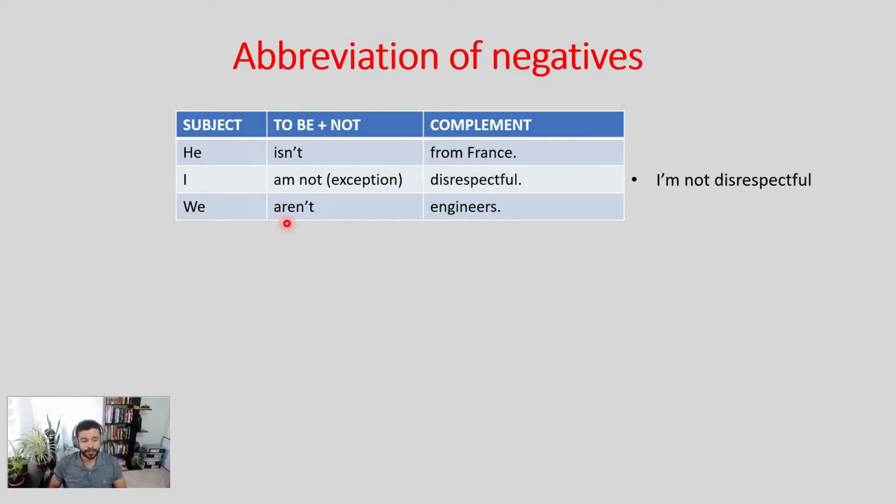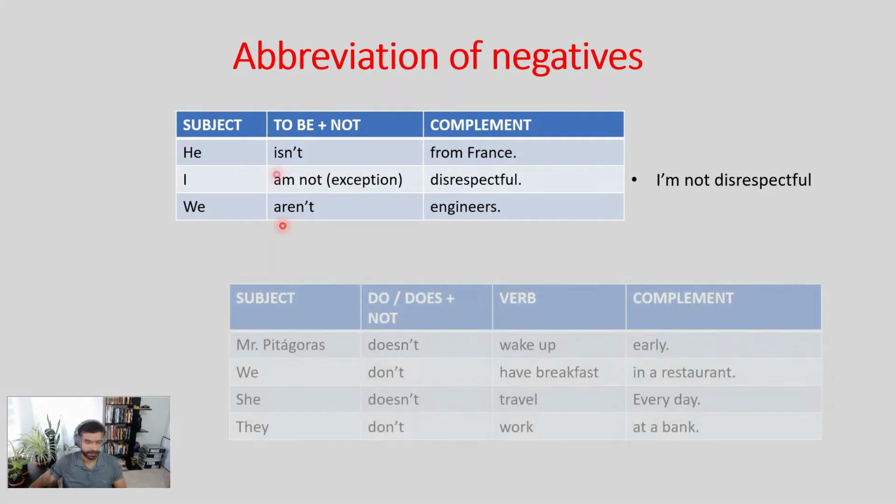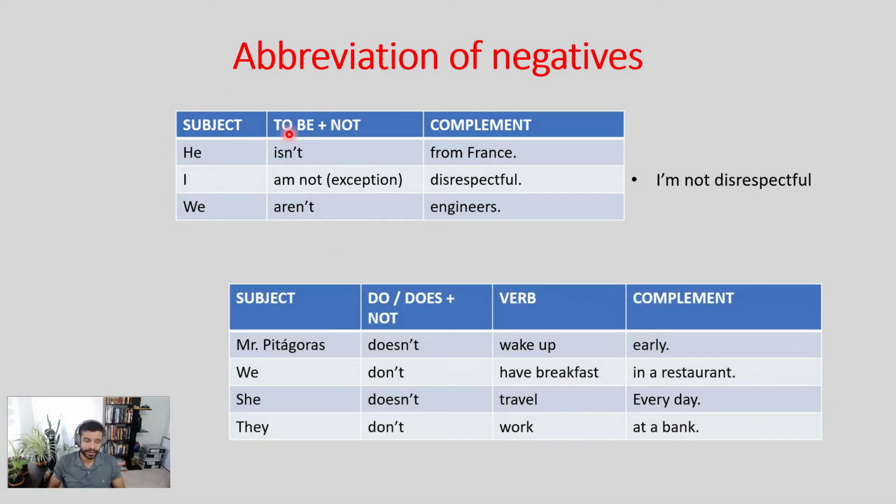If it is are plus not, this is the abbreviation, aren't. And the pronunciations are isn't, and for the verb to be am plus not, am not, because it cannot be abbreviated. Alright, and when you abbreviate the verb to be am with I, it sounds I'm, and aren't. So these were the examples of abbreviation of negatives with the verb to be.